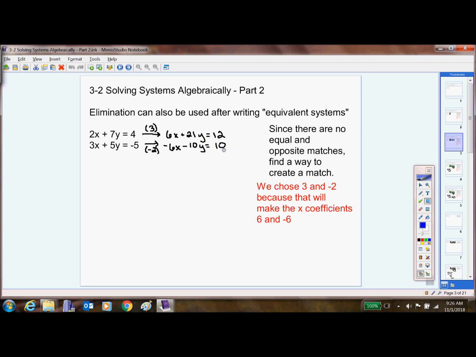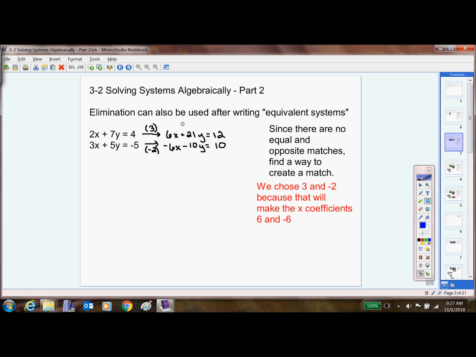And what we do here, when we multiply them and we get our -6 and our -10 and our +10, our key thing that we're looking for is that now we're in a place where if we add them, how much is 6x plus -6x? Anybody? How much is 6x plus -6x? How much? 0. And that's what we're looking for. We're looking for it to make 0 so that it will eliminate.